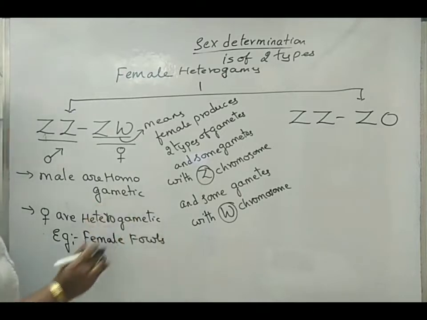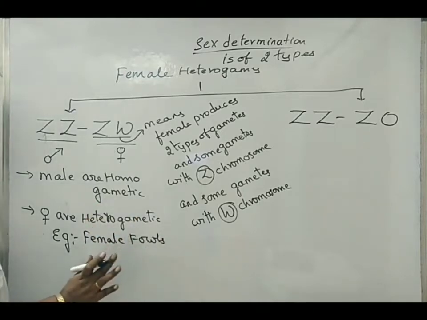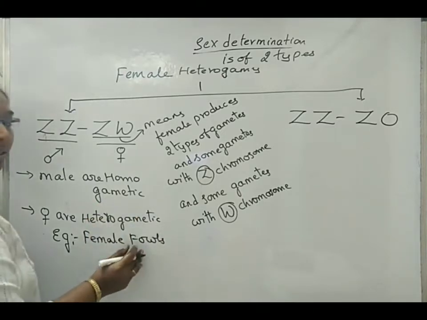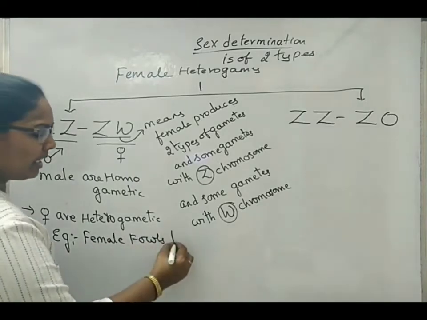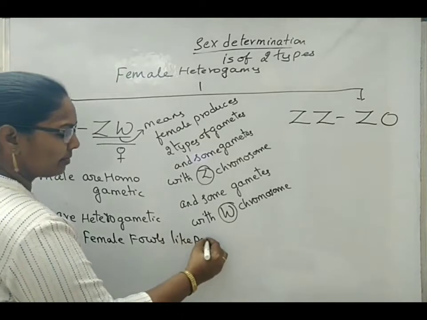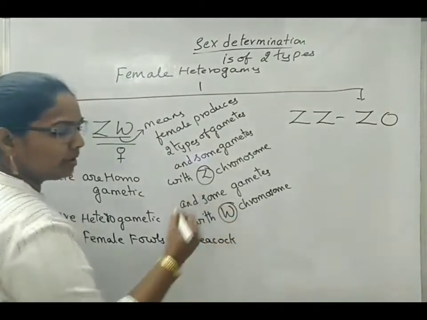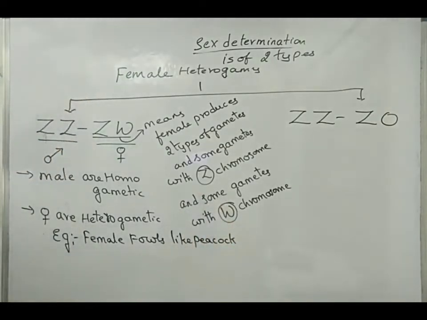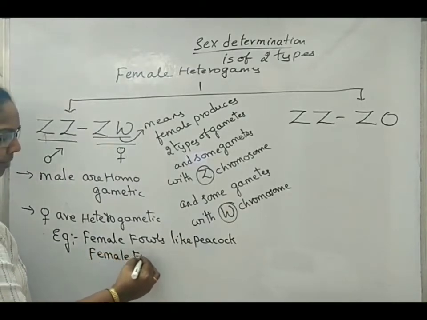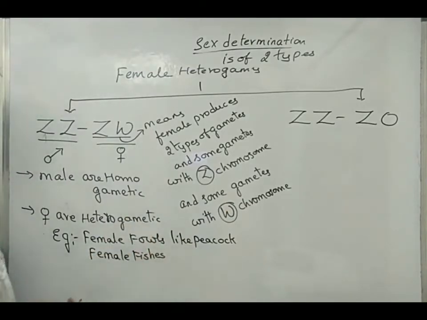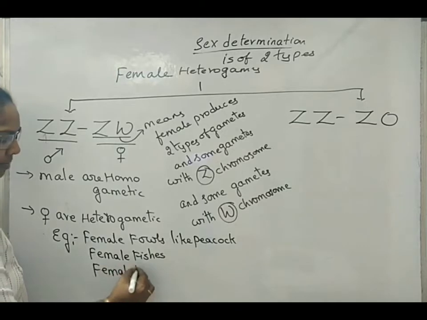Female fowls. Sometimes they just use this term in options and they will not continue this one. Still, we must be able to identify the answer. Female fowls like peacock. Another example is female fishes. There are some exceptions, but we don't need to read that much in depth. Next, female reptiles.